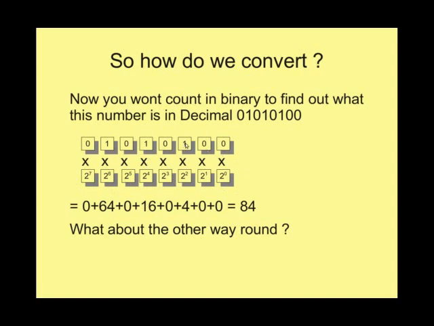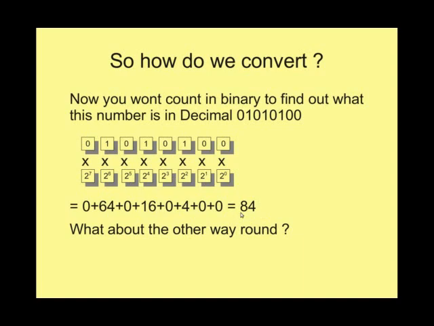So what we need to do is multiply this value by this value, and we only multiply where the binary digit is 1, because 0 will cause it to be 0. So 2 raised to the power of 2 multiplied by 1 is 4. 2 raised to the power of 4 is 16 multiplied by 1, again 16. 2 raised to the power of 6 is 64 multiplied by 1, 64. And then we add all these numbers up and we get the result as 84.